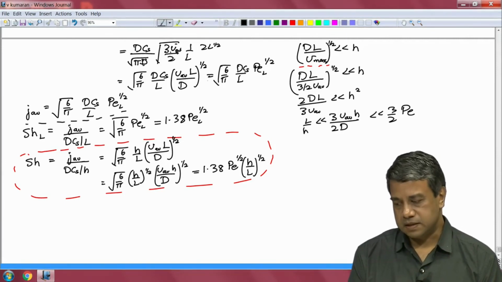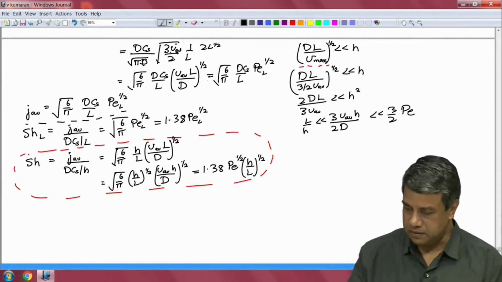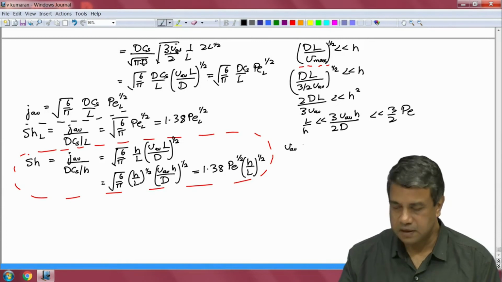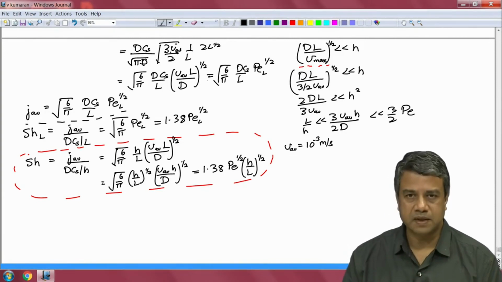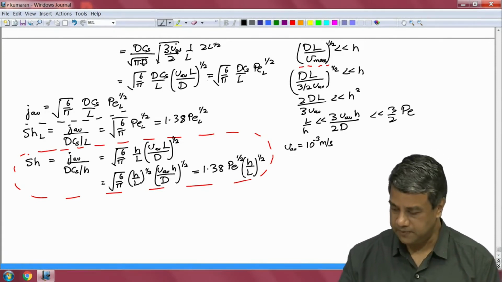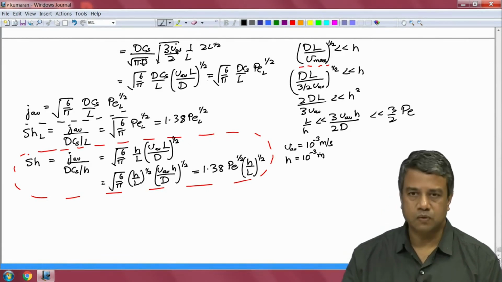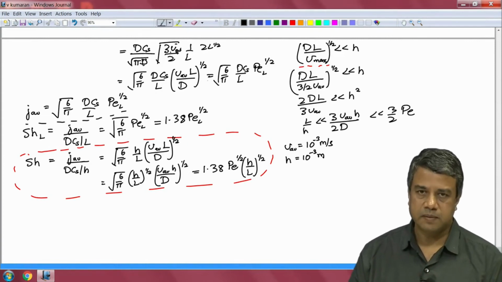How valid is this? So, let us take some typical values. If I take V average as a very small value, so I will take it as 10 power minus 3 meters per second, a millimeter a second approximately, and h is equal to 10 power minus 3 meters, 1 millimeter thickness film moving at a velocity of 1 millimeter a second.